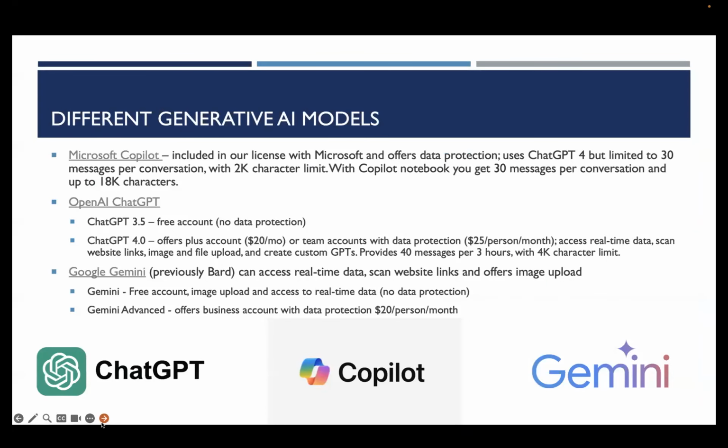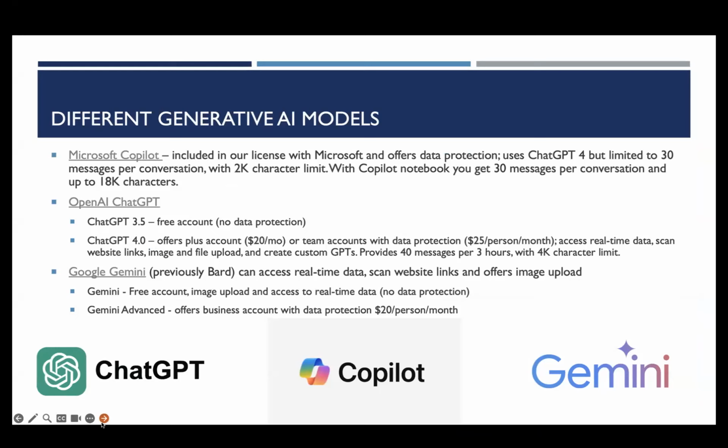There we go. So the different generative AI models that we have are Microsoft Copilot. Recently ITS has let us know that we now have access to Microsoft Copilot with our license through Microsoft Office. In this, we get data protection, which is great. That means that we can put in private data and it won't get used to train future models.